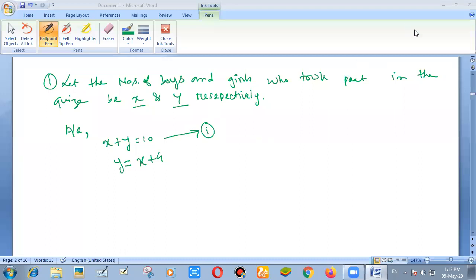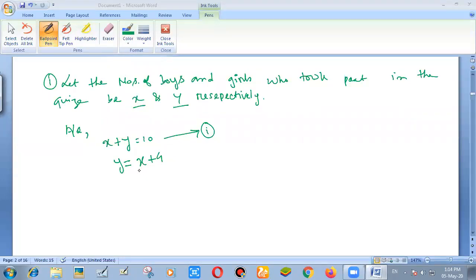Nirjana, do you understand? Yes. So the second equation is, now see. Dipjyoti, do you understand? Yes, sir. The second equation says that the number of girls is 4 more than the number of boys. The girls are represented by Y, the boys by X. Dikshita, do you understand?